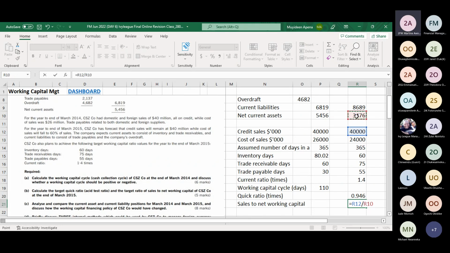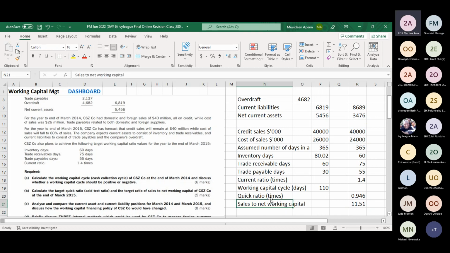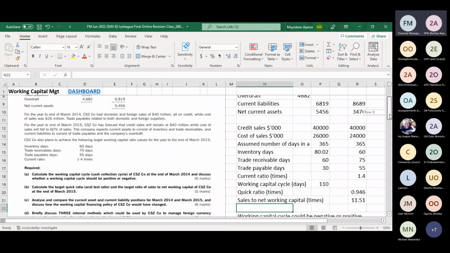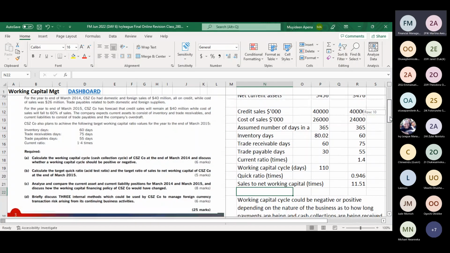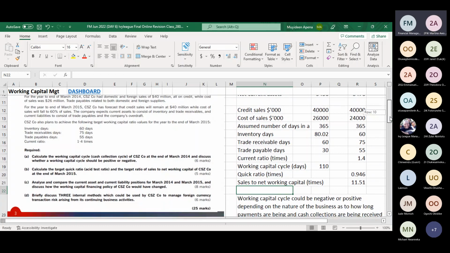We have 11.51. And this is also measured in times. So we have done all we are asked to do in the B part. We are not asked to comment, we are just asked to calculate, and we have done those calculations.